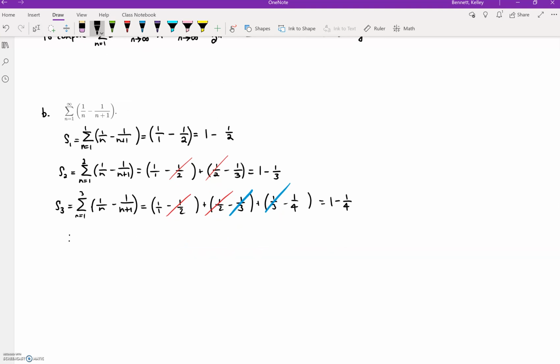So if we were to go to S of n, n equals 1, stopping at some arbitrary n, of 1 over n minus 1 over n plus 1, and let's look at the last 2 terms.